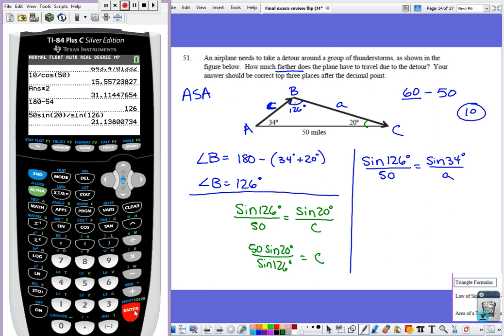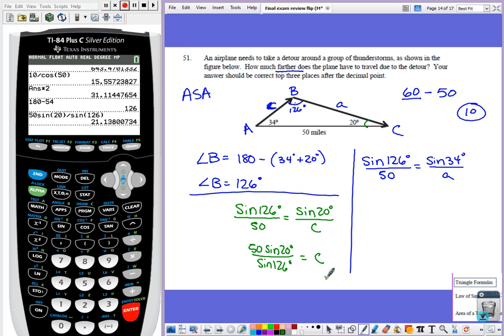All right, so our angle C, I'm sorry, we're not finding an angle. We are finding a side length. Side length C is approximately 21.138. And what are we talking about here? Miles. All right, C is approximately 21.138 miles.